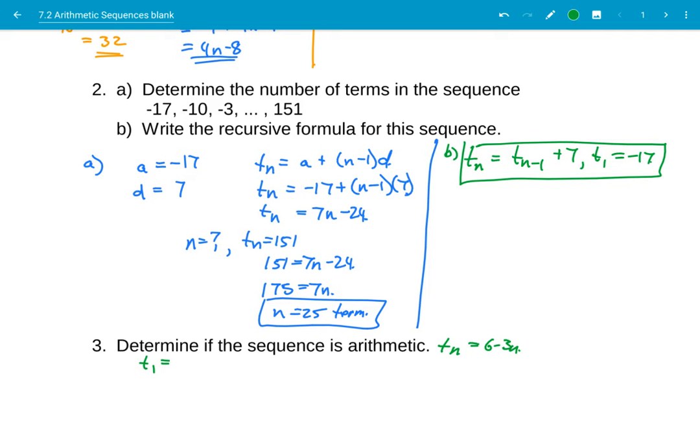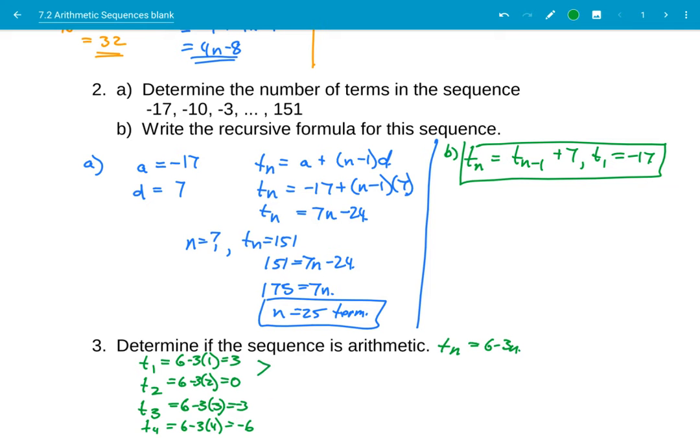What is T1? 6 minus 3 times 1 is 3. T2 is 6 minus 3 times 2, which is 0. T3 is 6 minus 3 times 3, which is -3. T4 is 6 minus 3 times 4, which is -6.